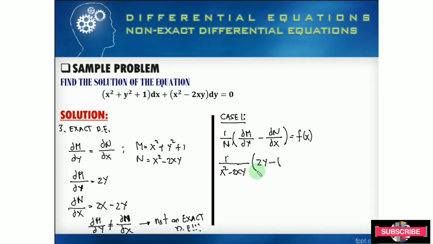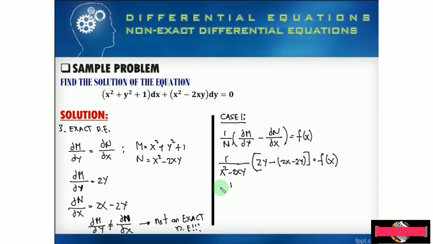So we are going to enclose this one with a bracket, and this is 2x minus 2y, bracket, is equal to the f as a function of x.